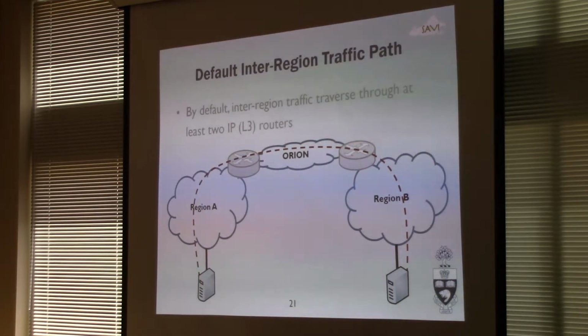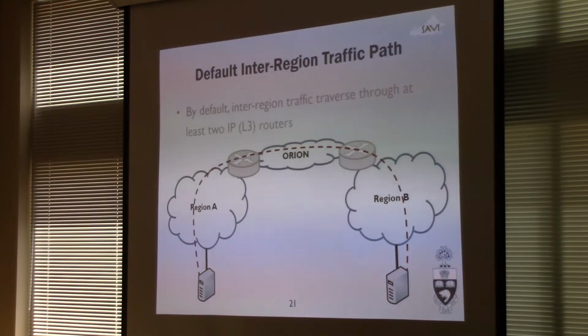Do you know the time to live field? Yeah? So whenever you do, for example, pings, they often have a time to live field. So what happens when you go through a router? It decreases by 1, right?